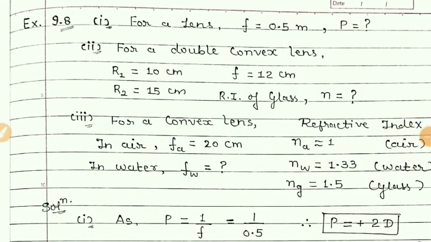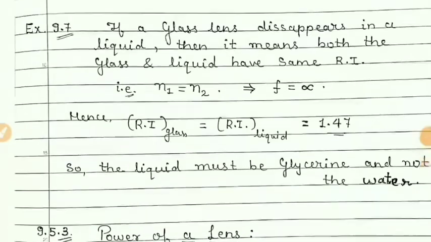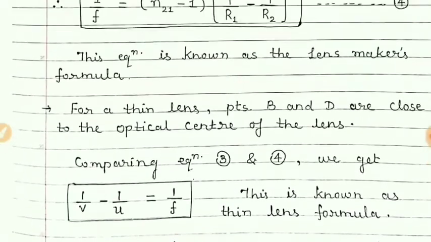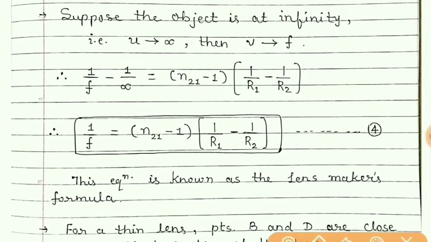So now using this lens maker's formula, you can see here this is a lens maker's formula. This is refractive index of glass N2 and N1, that is refractive index of air.